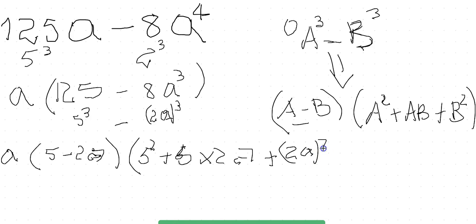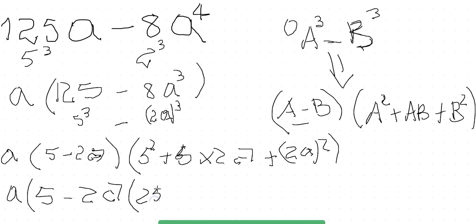Okay, so if I do my reduction, it's going to be 5 minus 2a, factor, and then here I'm going to have 25 plus 10a, and then plus 4a squared.